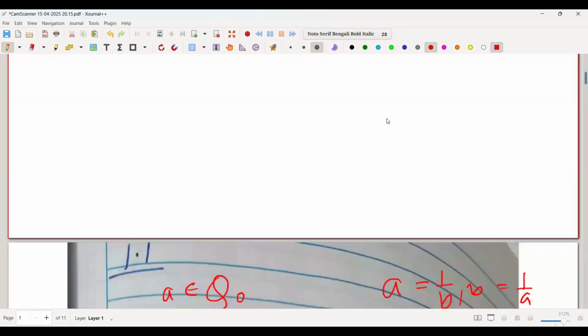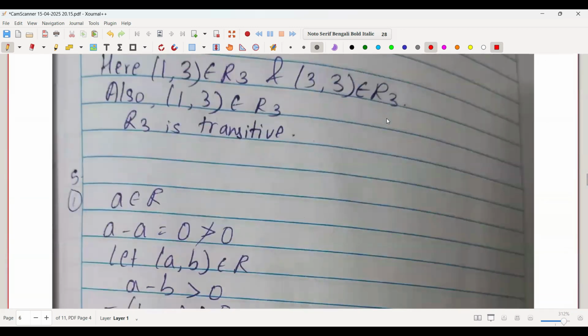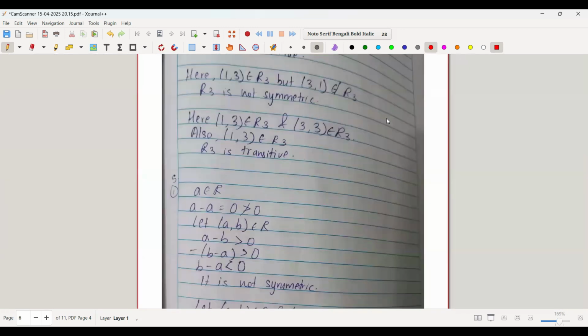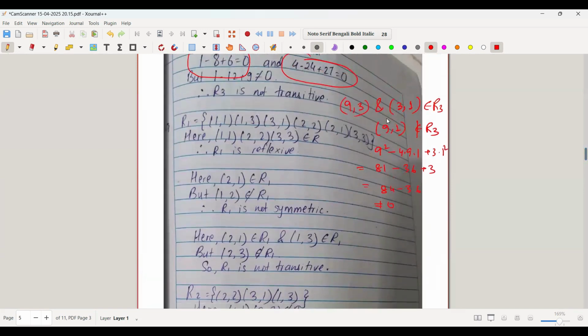So let us check what we have written. So R1 is reflexive. Here 2 comma 1 is in R1 but 1 comma 2 is not in R1.